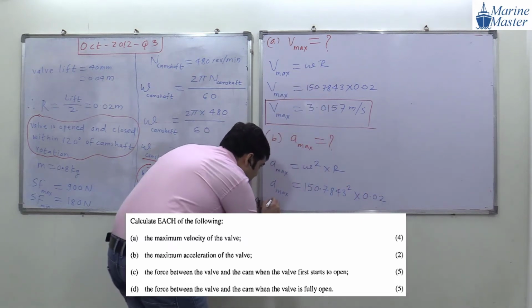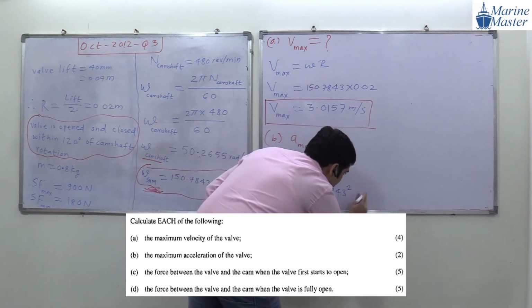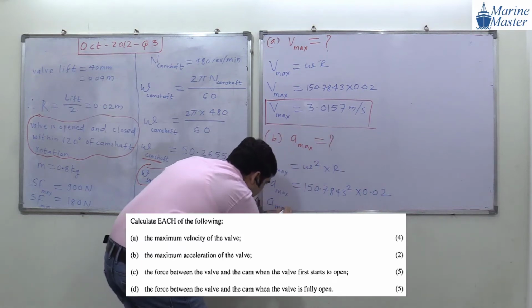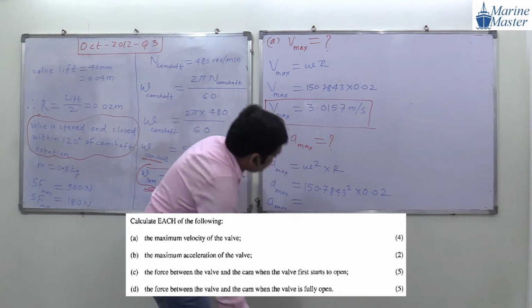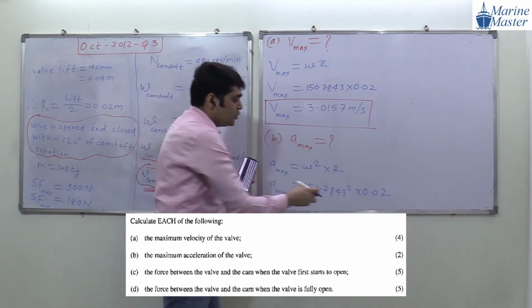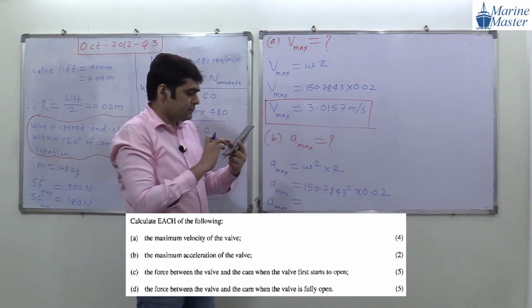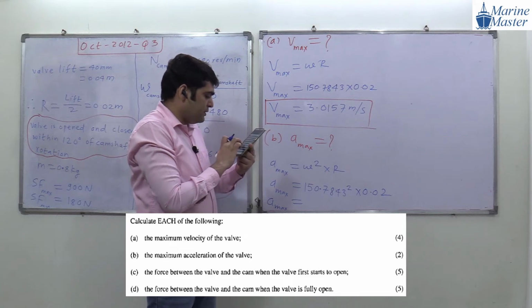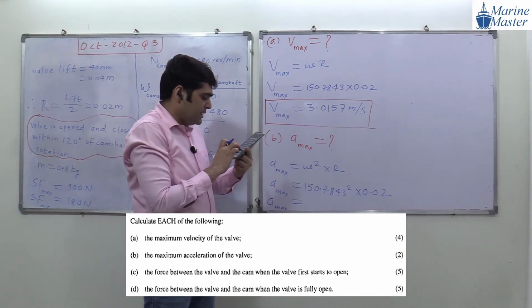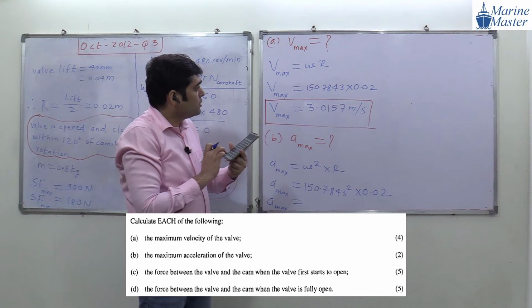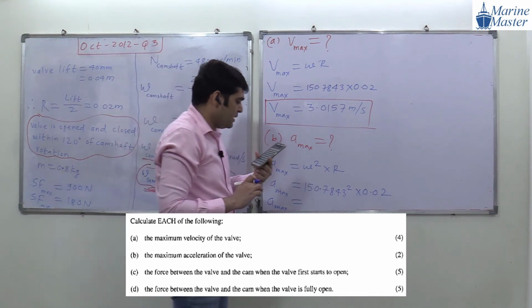Okay, so what will be the value of maximum acceleration? A max will be equal to what, guys? Everyone, please do the calculation with me. Don't forget the square here. So 150.7843 square multiplied by 0.02. How much value we are getting, everyone?